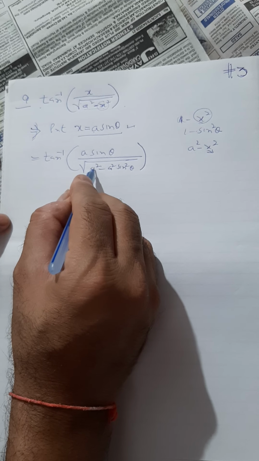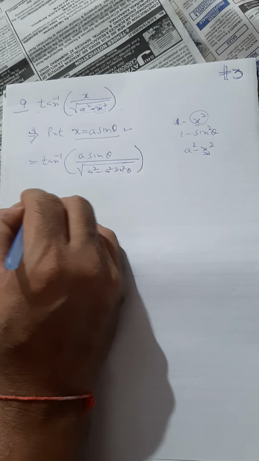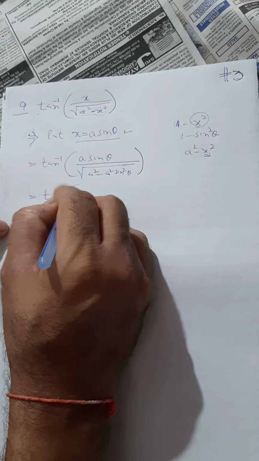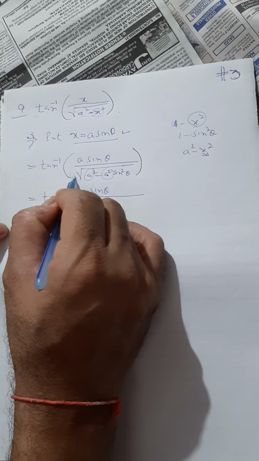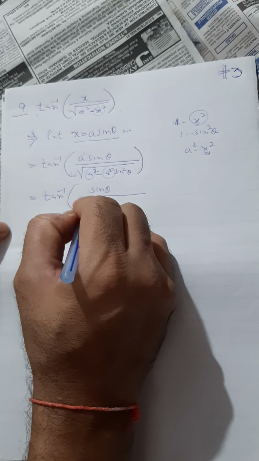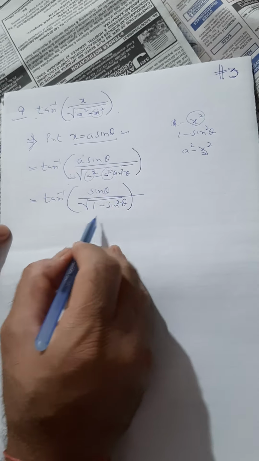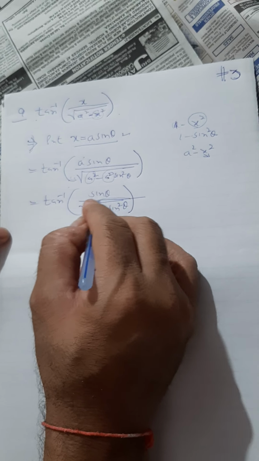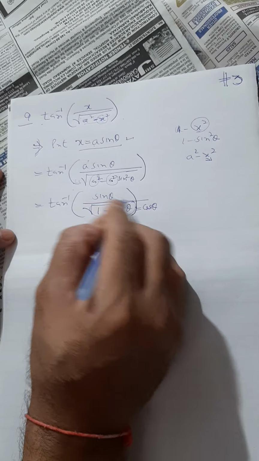Now take a square common, it will come as a and it will get cancelled with the numerator and denominator. So this is just sine theta. Take a square common from these two, so it will come as a and internally it will get cancelled. So inside the bracket you will get 1 minus sine square, which is just cos square, and outside the square root, it is just cos theta.